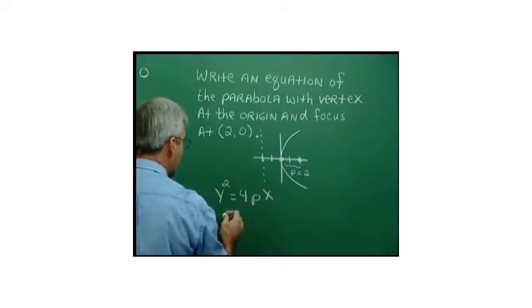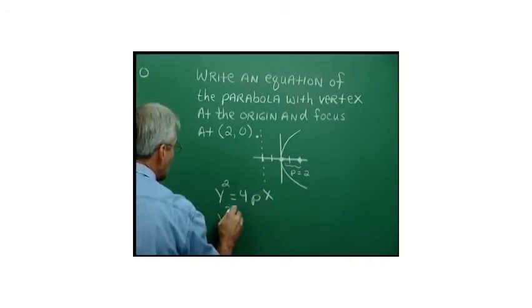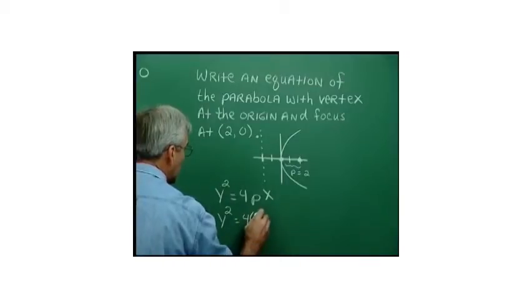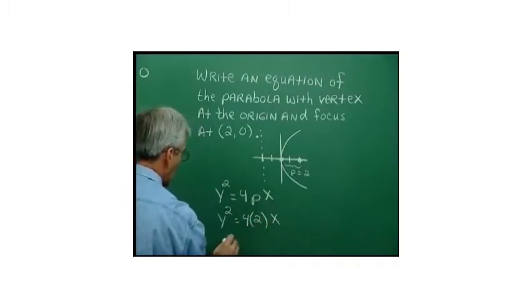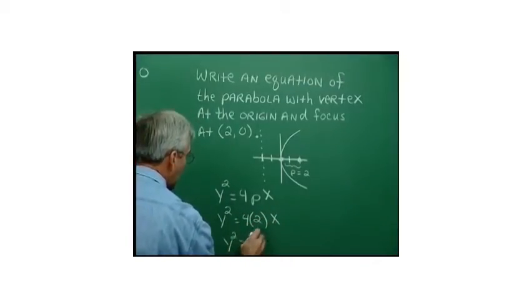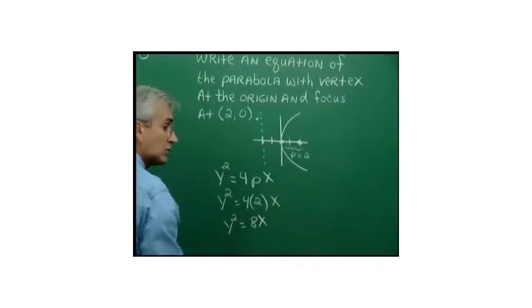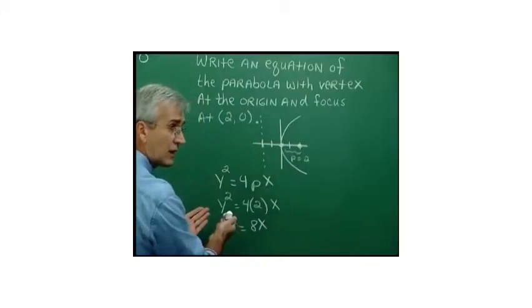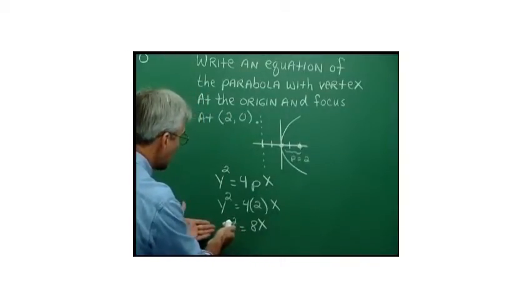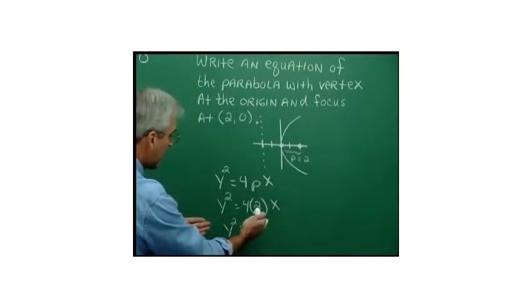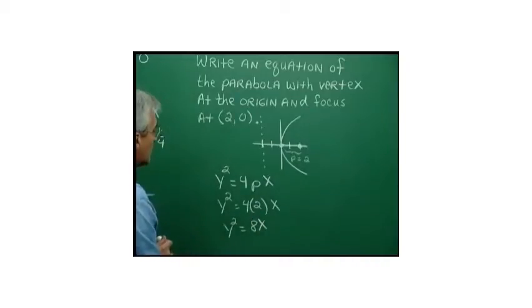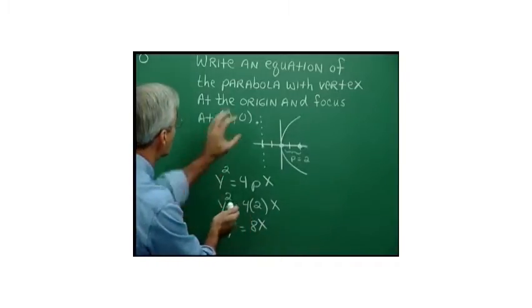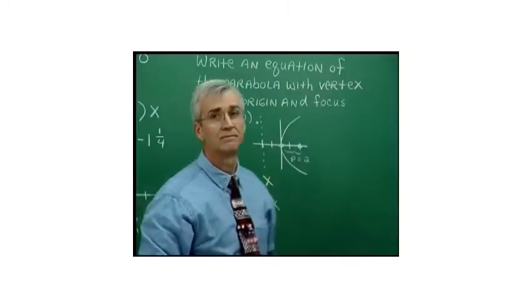Now we've identified the value of p, so y squared equals 4 times 2x, or y squared is 8x for our equation. We could put this in a different form. We could kick the 8x to the other side if we want to and write it as y squared minus 8x equals 0, but I think this is appropriate as a simplified form for the equation corresponding with this information.